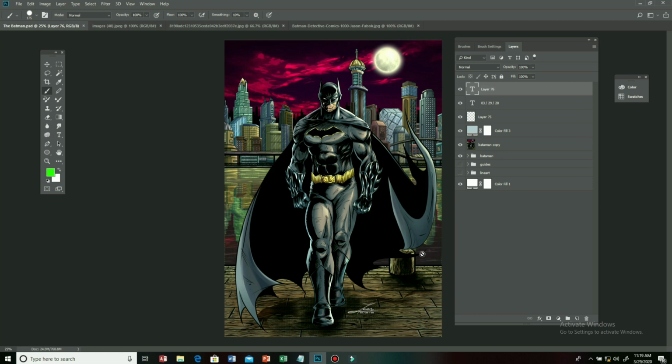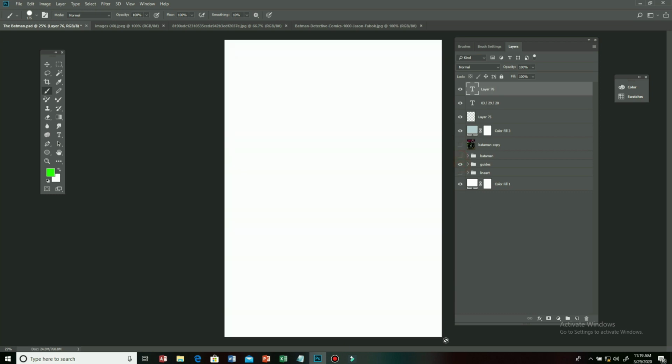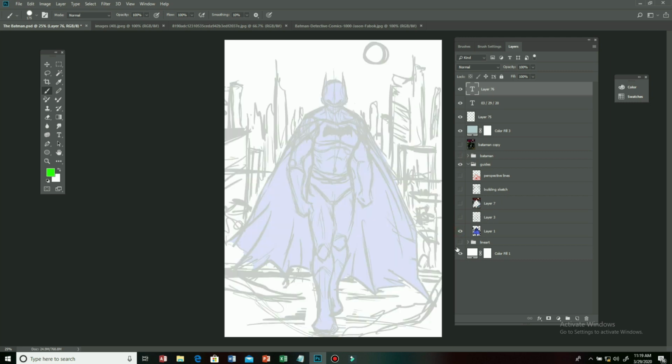So how can we do that? First, find out what your ideas are. Try to write or sketch them. For instance, in my case, I draw some guides.